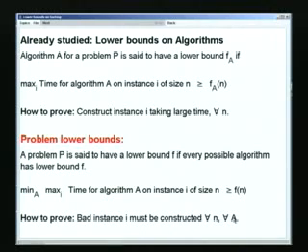For another algorithm, it is another instance which is bad. That is okay. But somehow we must give a construction which shows that no matter what algorithm you give, here is an instance on which it will take a long time. We may not do this directly, but at least indirectly something like this has to be proved in order to prove a lower bound over here.